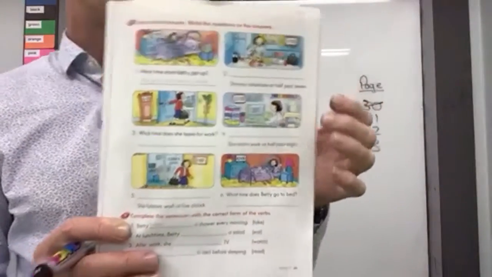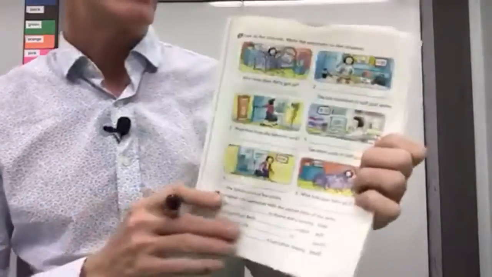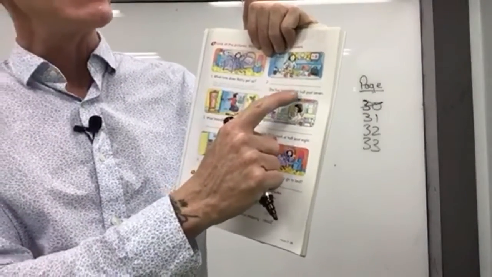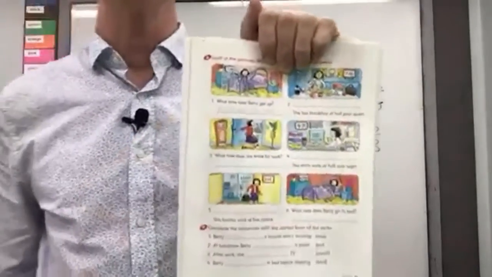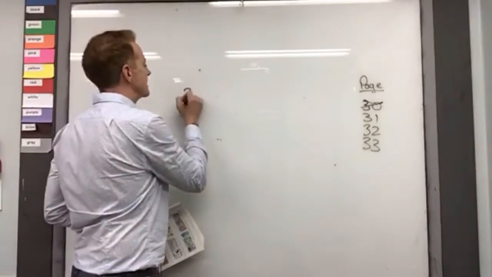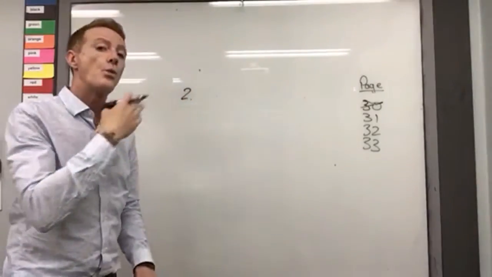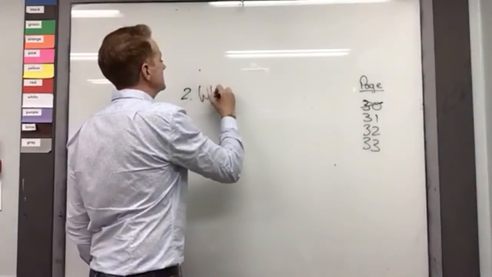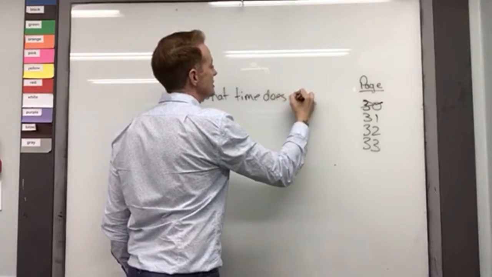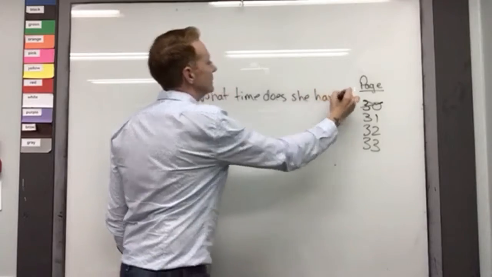All right, number 2, we have to make the question, but the answer is, she has breakfast at 7:30. So make a question. So what time does she have?